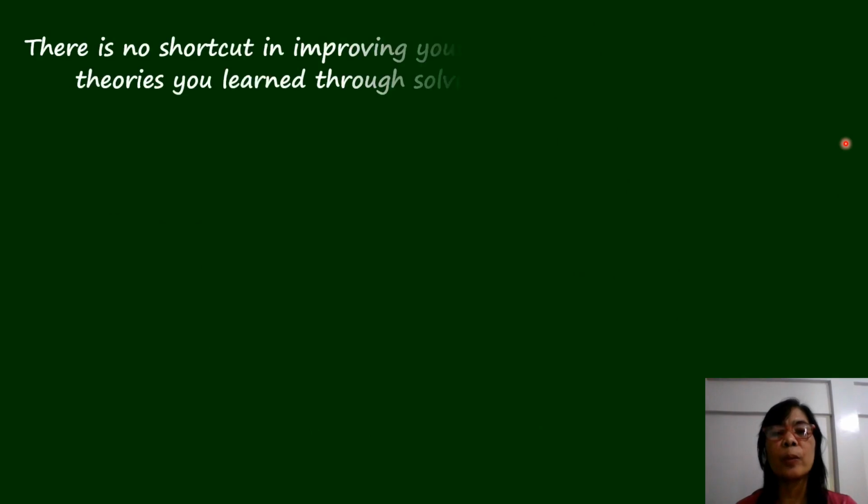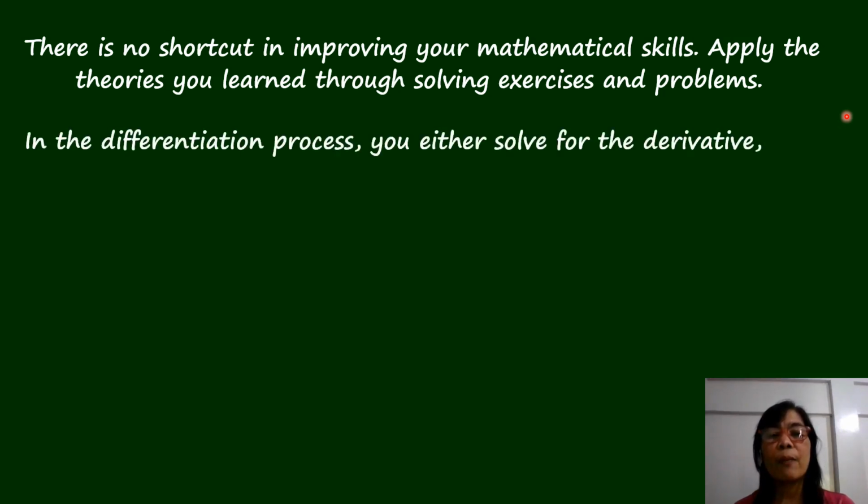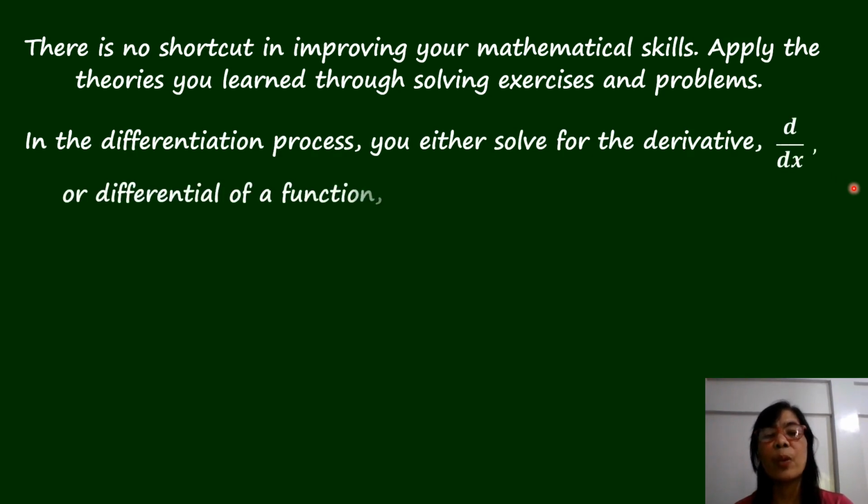Class, I will end my discussion here, but I hope that you will continue to solve exercises on finding derivatives of the different types of functions. Remember that there is no shortcut in improving your mathematical skills. You have to apply the theories you learned through solving exercises and problems. In the differentiation process, you either solve for the derivative or the differential of a function.